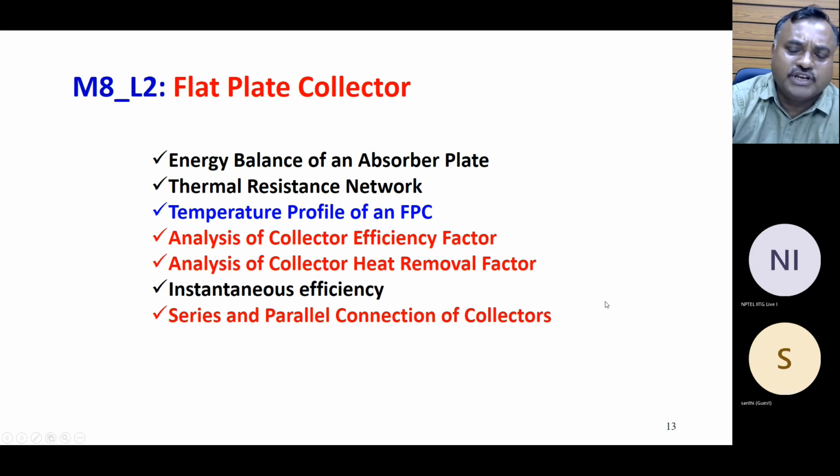So under what condition we need to connect different collectors in series, and under what condition we need to connect them in parallel. We must know all those parameters, then only we can design appropriately.